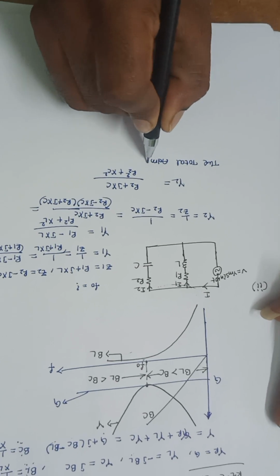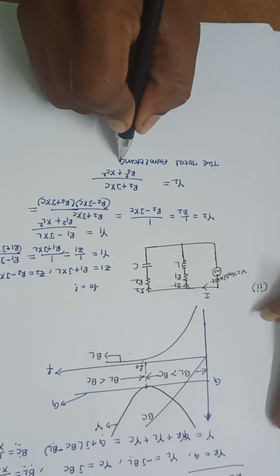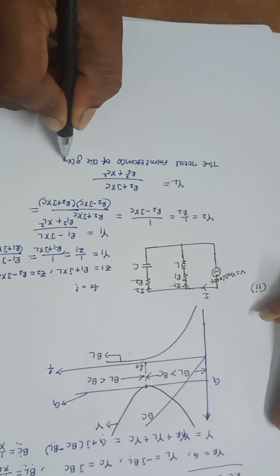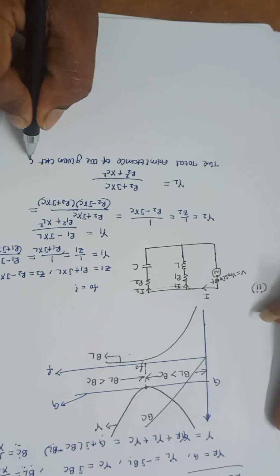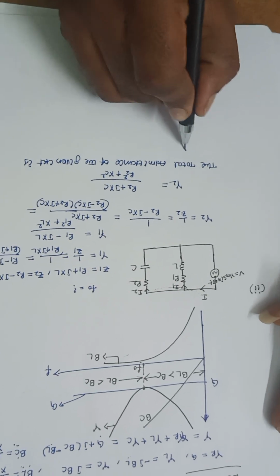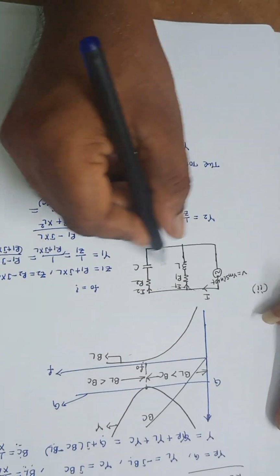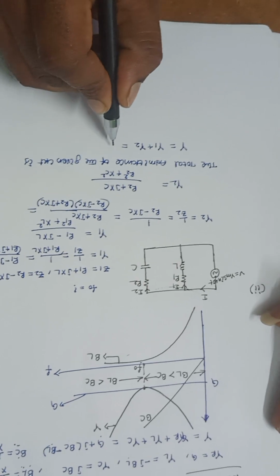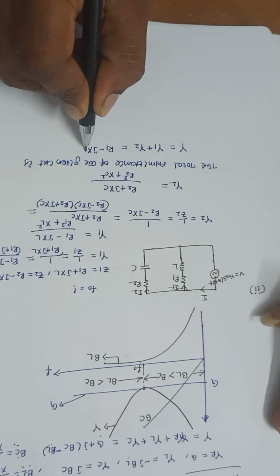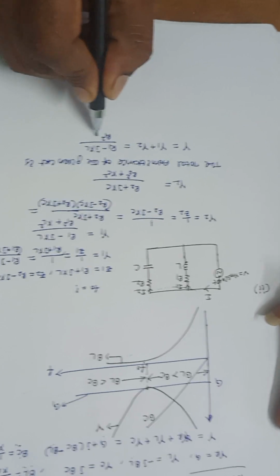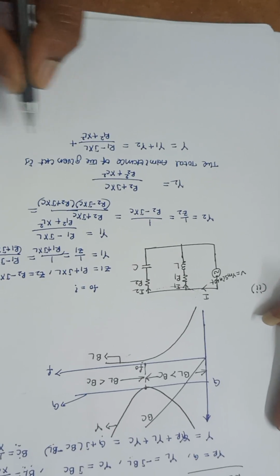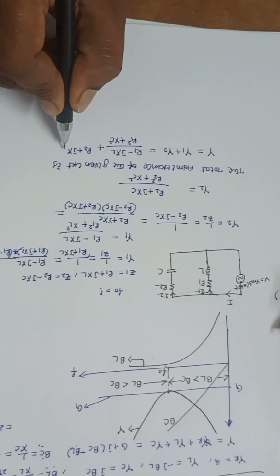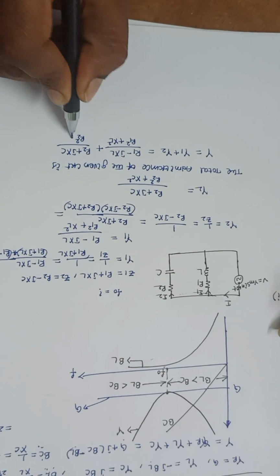Now the equivalent admittance, or the total admittance of the given circuit, is Y, just by adding these two admittances, Y1 plus Y2. That is R1 minus J into XL divided by R1 square plus XL square, plus Y2, which is R2 plus J into XC divided by R2 square plus XC square.